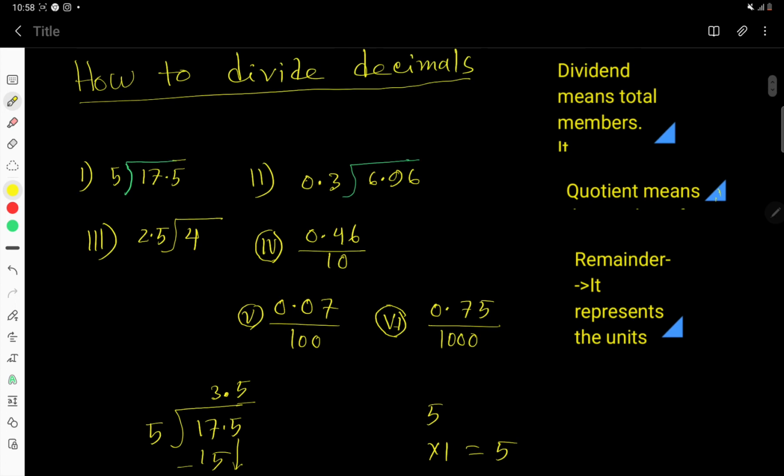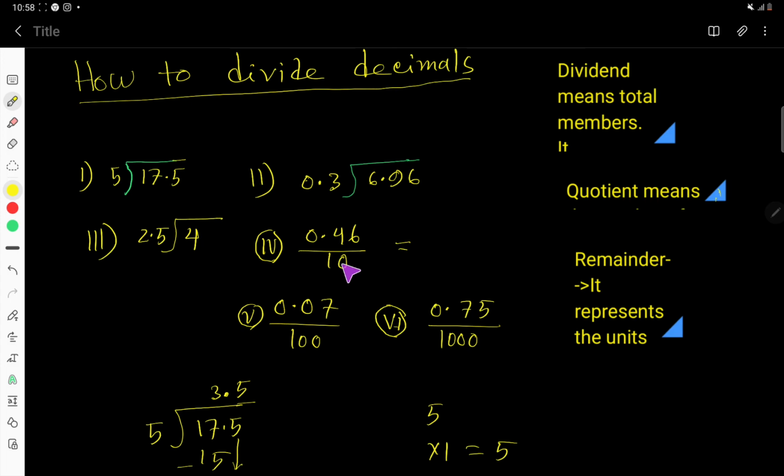Now we'll learn how to divide a decimal number by 10, 100 and 1000. So look, in case of dividing by 10, 100 and 1000, you have to look at the number of 0s in the divisor. Here 10 is a divisor, here 100 is a divisor, and here 1000 is a divisor.